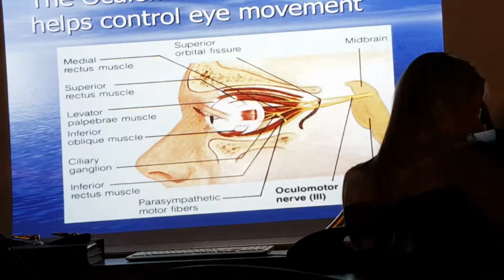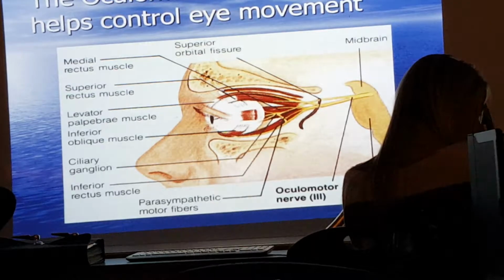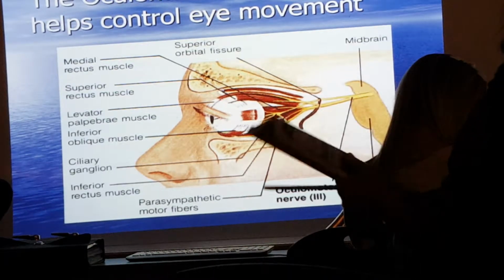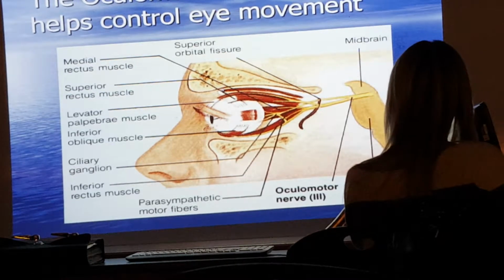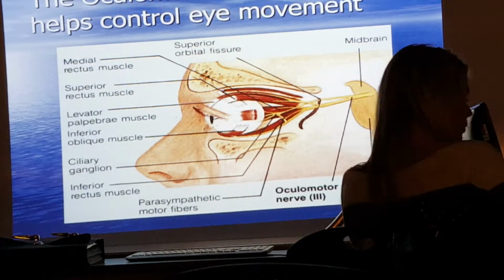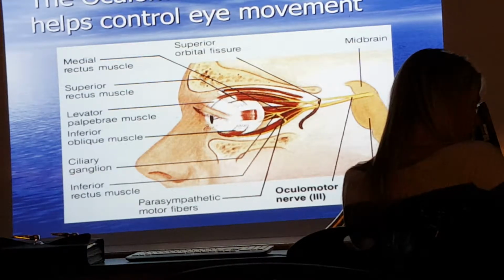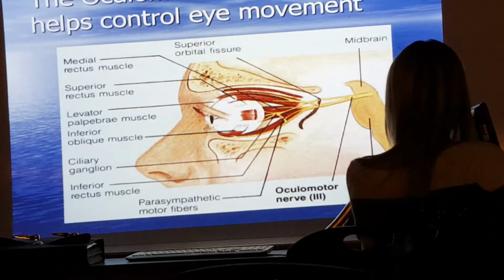If those muscles get shorter, your line of sight will be pulled to the outside. And the oculomotor nerve doesn't control that. But it certainly controls movement to the inside, and also movement up and movement down. It controls the superior, inferior, and medial rectus muscles.